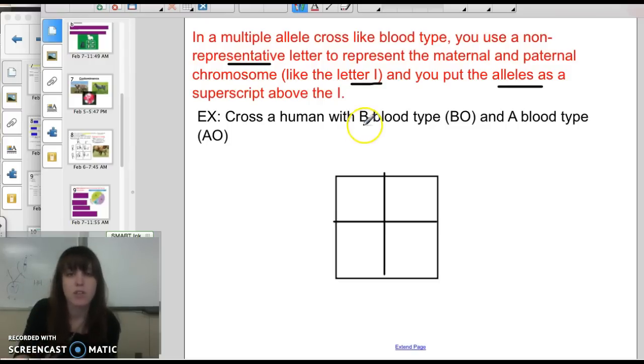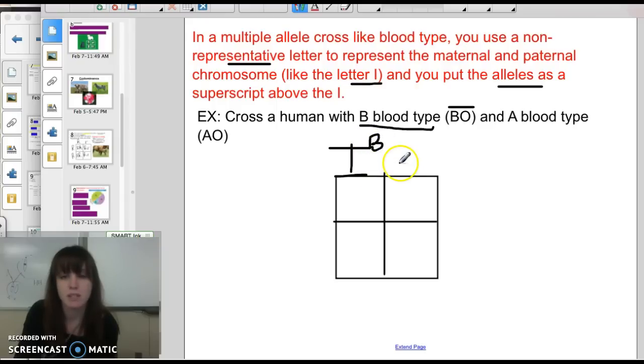Okay, so if a person is a B blood type, and we'll say they're heterozygous B, meaning that they have one dominant allele, remember I mentioned last time that A and B are dominant. They have one dominant chromosome, and then they have a recessive chromosome with the recessive gene for O blood type.